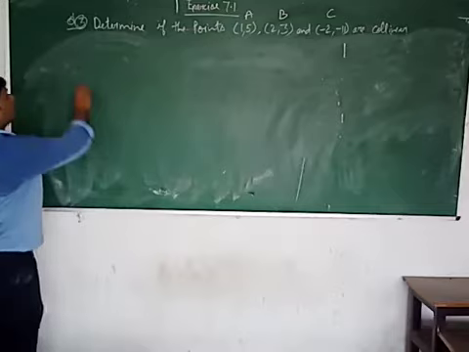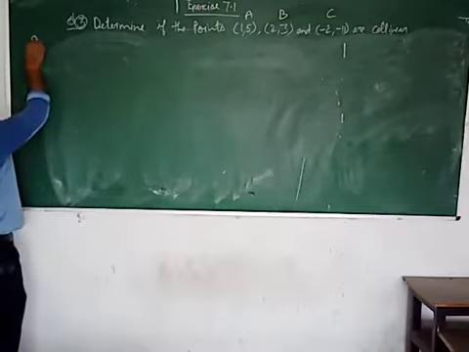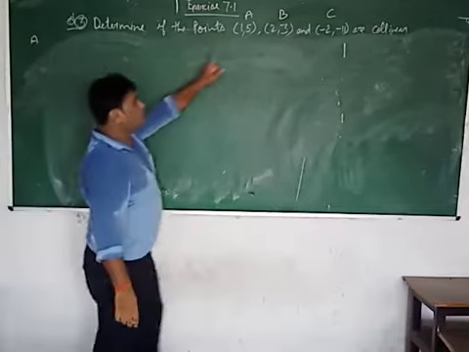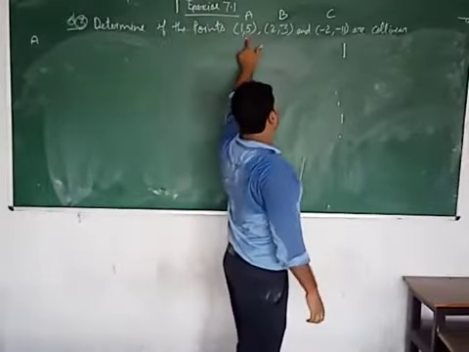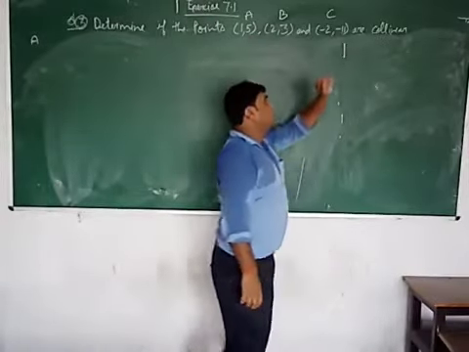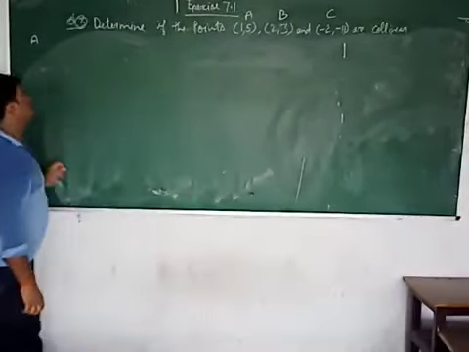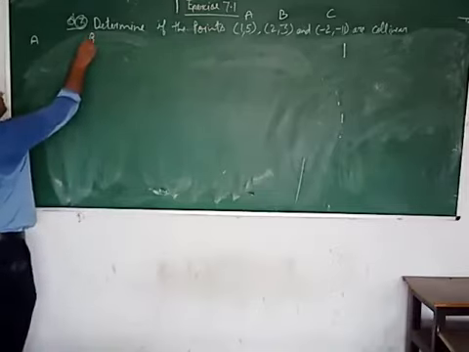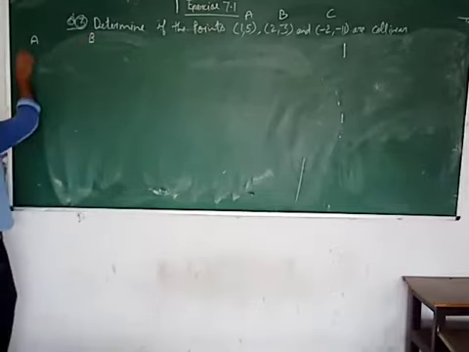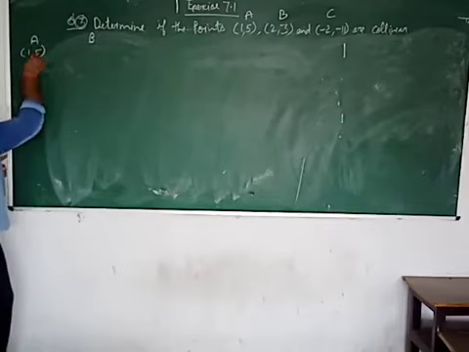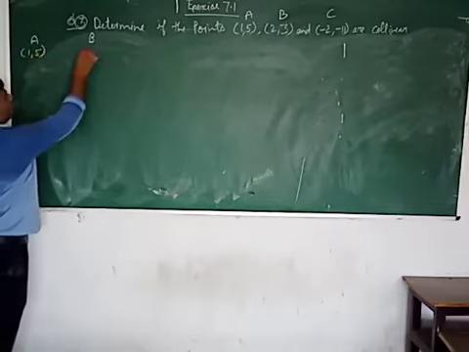See, first mark these points as A, B, C. First you will find AB. A is (1, 5) and B is (2, 3).